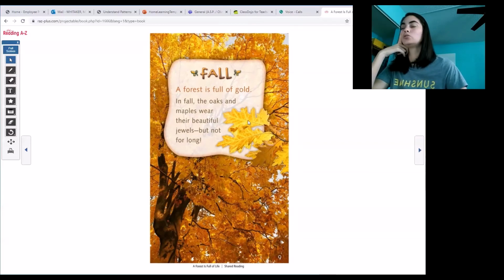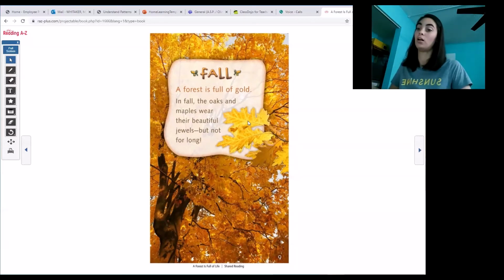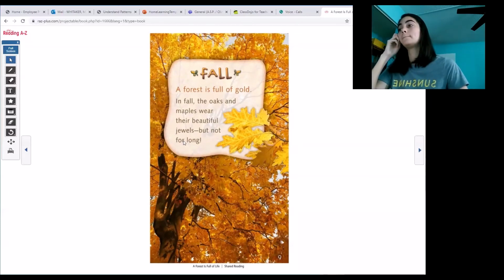They're yellow. Usually we see leaves that are green, but these are yellow. So in some places, the leaves change color in the fall, and they fall off the tree, but not for long. Means the season of fall is not very long, so they fall off quickly.